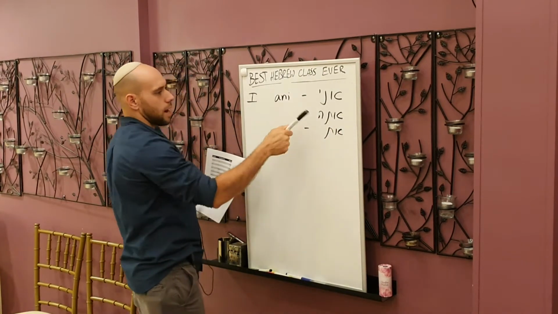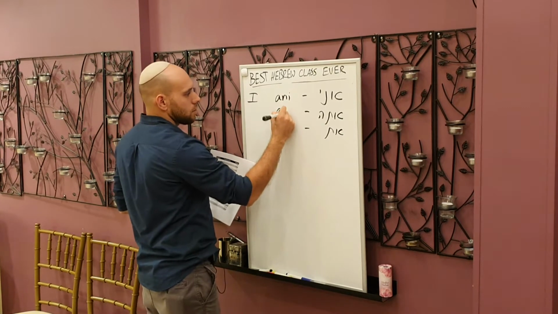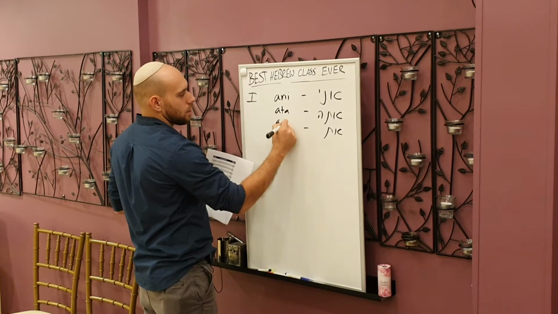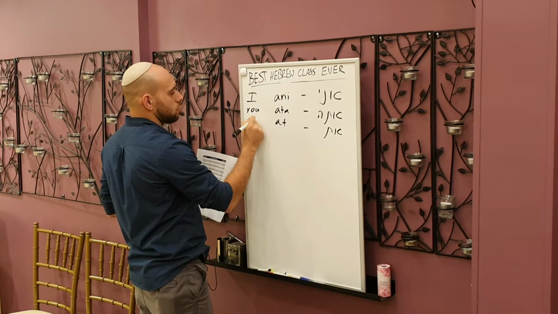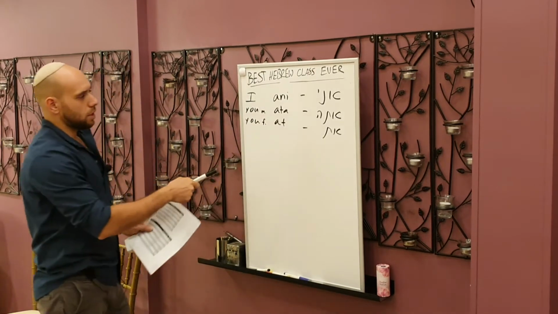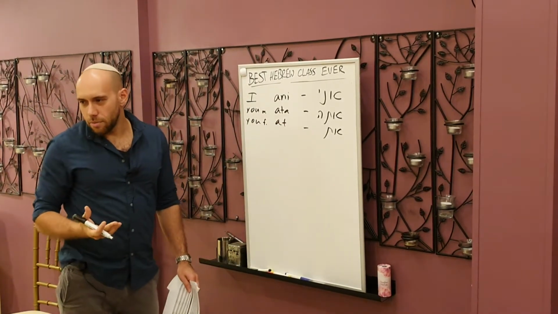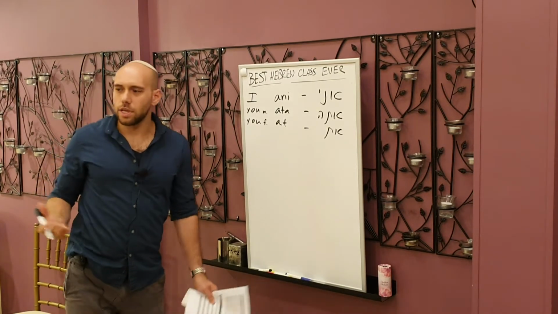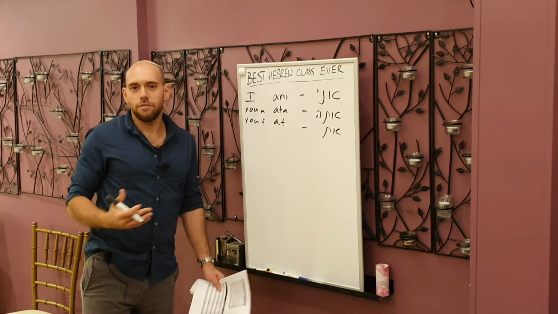Now, ata is masculine, at is feminine. Ata, at. That means you, and that also means you. Masculine, feminine. You might think, oh, ata ends on a. That sounds feminine, because in Hebrew, many words that end on a tend to be feminine.